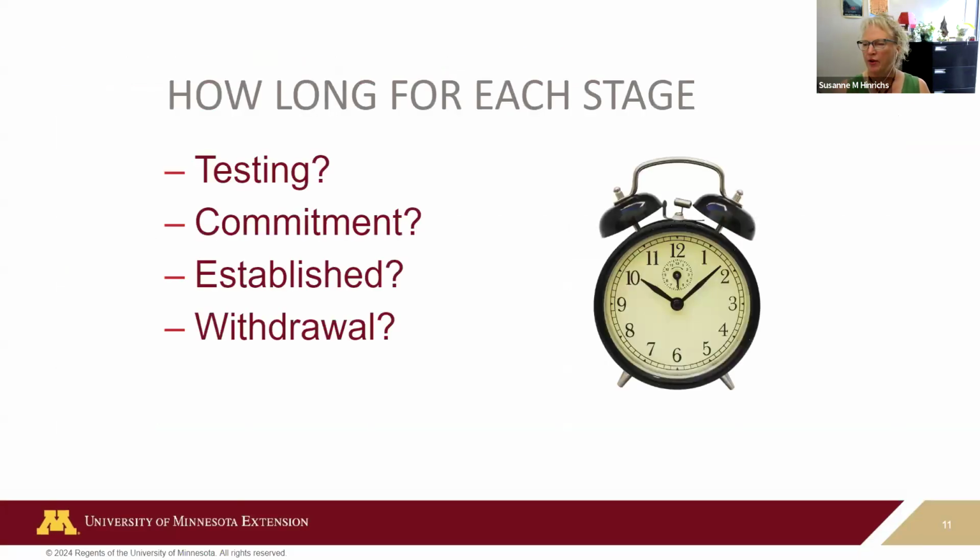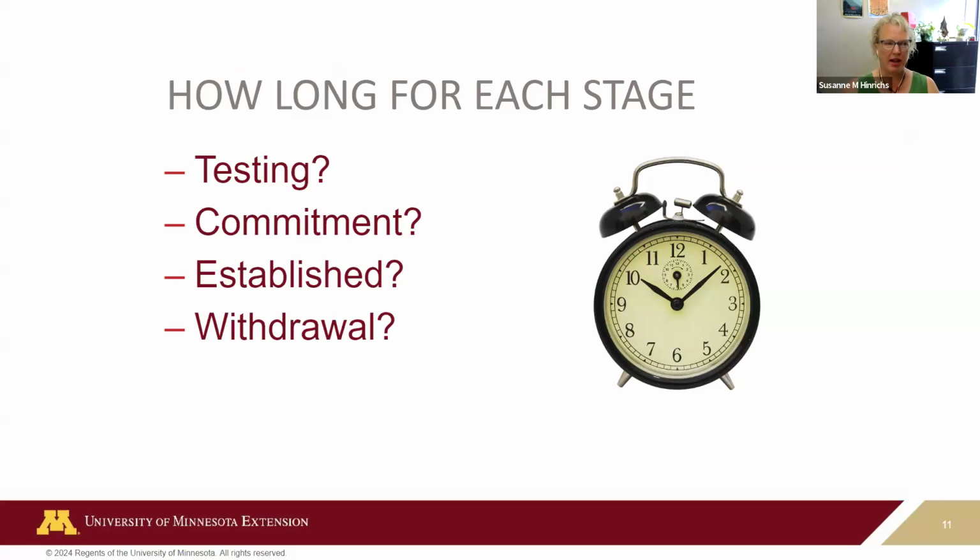So here's another example of it. There's how long for each of these stages. You think about, all right, I have a lot of time that I can invest in this, or maybe you don't. Maybe there's a health concern that you need to act on quickly. However much time you have for your farm and for your farm transition, that is how you work with it.